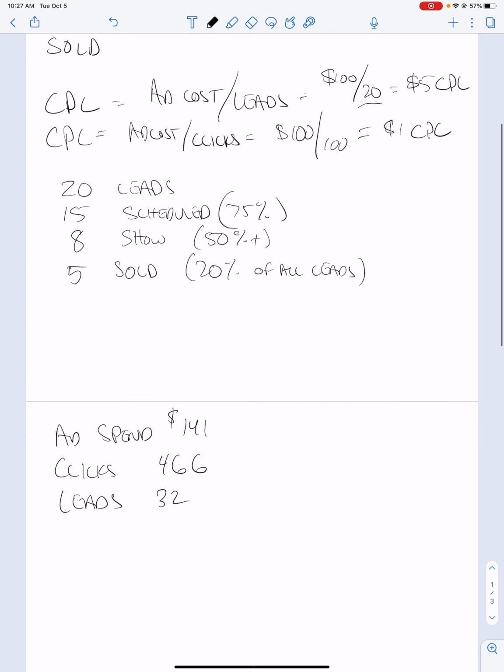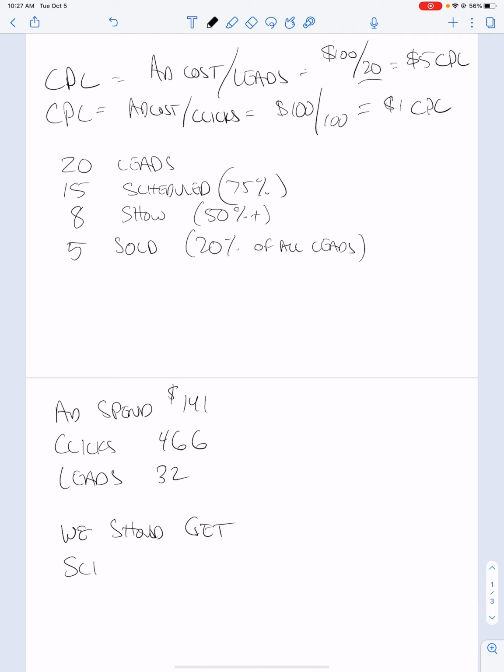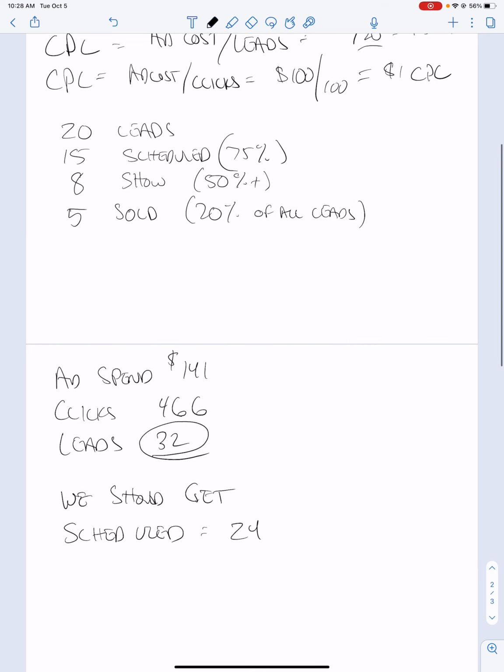From that, we should get how many scheduled? 75% of the 32. 24 scheduled. And from that, we should get how many showed? At least 12. And then how many signed up?